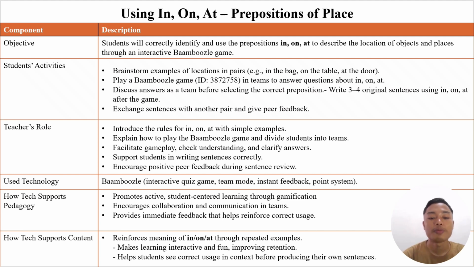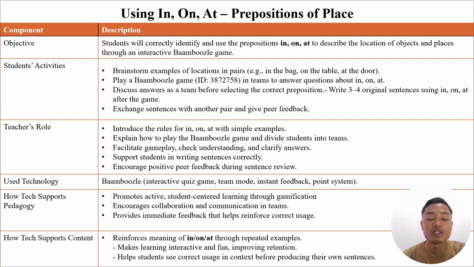Okay, the last point is exchanging sentences and giving peer feedback. Students swap their written sentences with other peers and provide friendly feedback. This encourages collaboration, builds confidence, and helps them notice mistakes in context.